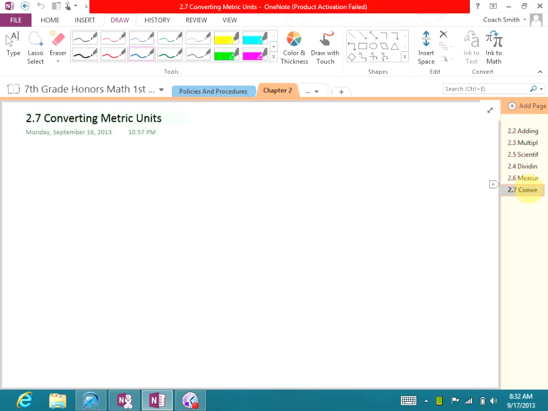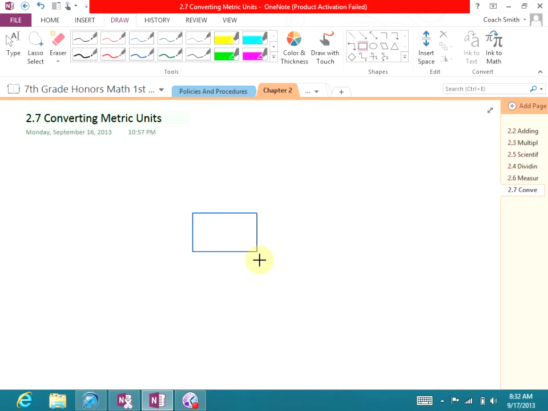2.7, converting metric units. I want to go back to our talk yesterday, and I want to remember that we had our box, and we called this box our base.